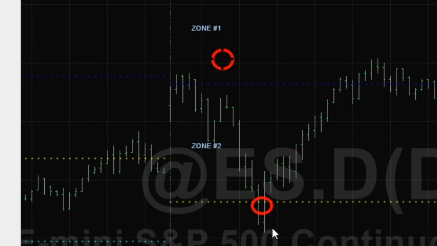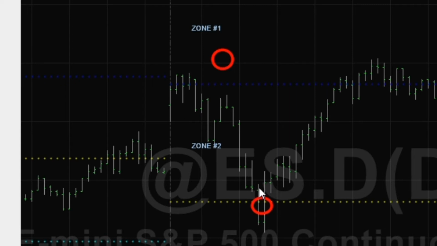I don't care if it's 1, 2, 3, 4 bars or whatever, but I want it to go back into zone 2. I want to take a long position here. We had the opening of zone 2, the penetration into zone 1, then the penetration into zone 3, and then another pullback into zone 2. So I want to buy here in zone 2.